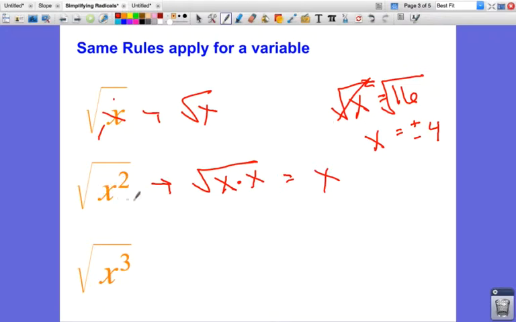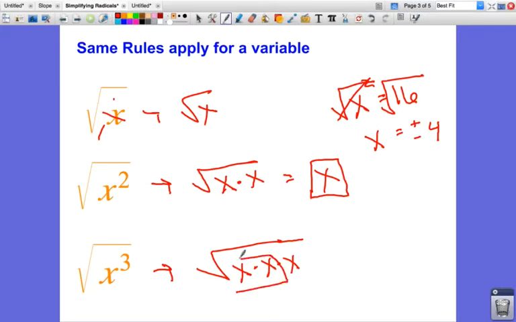If we have the square root of x squared, it cancels out this exponent, this squared, and it makes it just into x. So if I had x to the third power, that means I have x times x times x. Well, the square root of x times x, which is x squared, is just x.